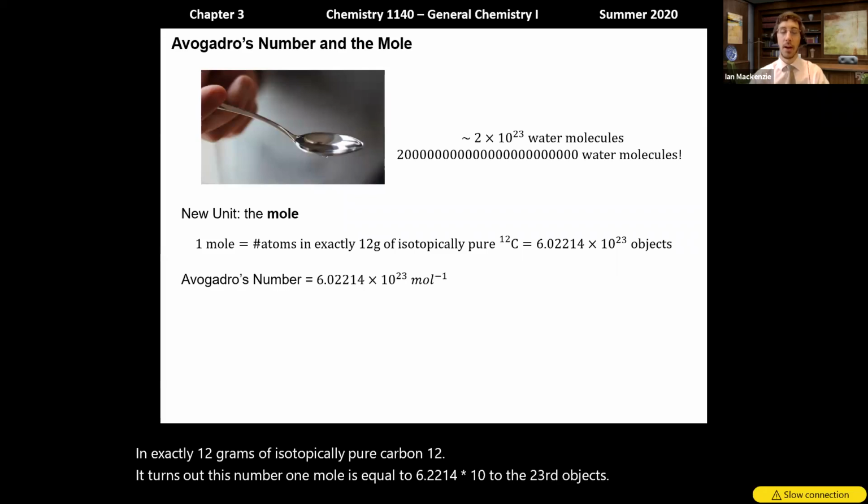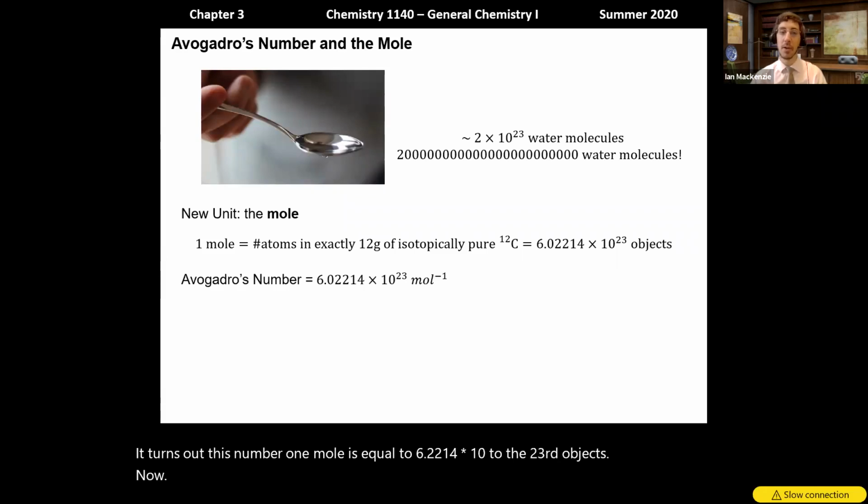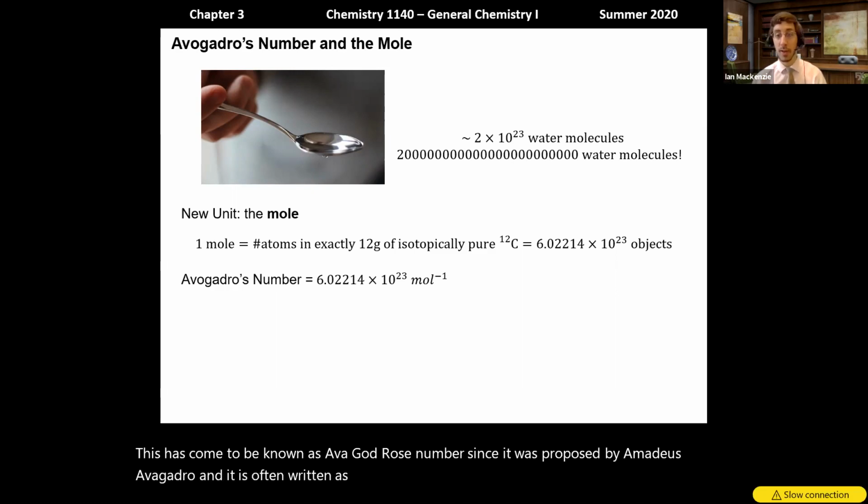Now, this has come to be known as Avogadro's number, since it was proposed by Amadeo Avogadro. And it is often written as 6.02214 times 10⁻³ inverse molar, because it is simply the number of objects per mole.